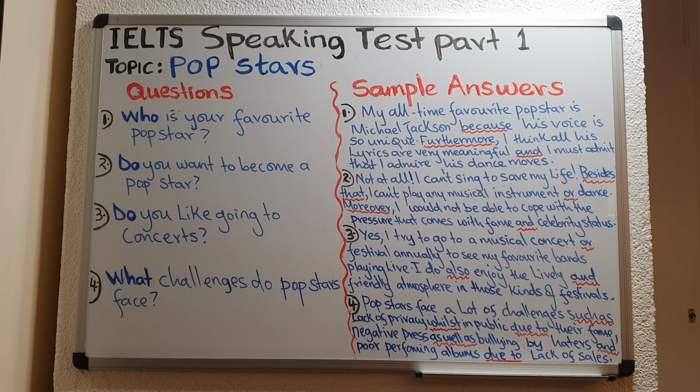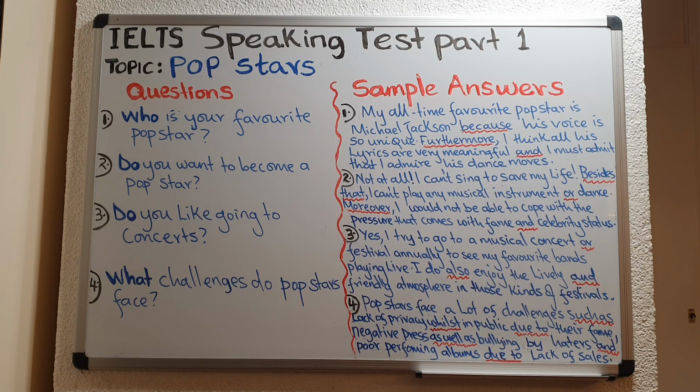And then I provided yet another reason using a connector. Moreover, I introduced that reason. Moreover, I would not be able to cope with the pressure that comes with fame and celebrity status. So when you're a pop star, you have to deal with a lot of pressure, okay, from your fans, from the press.